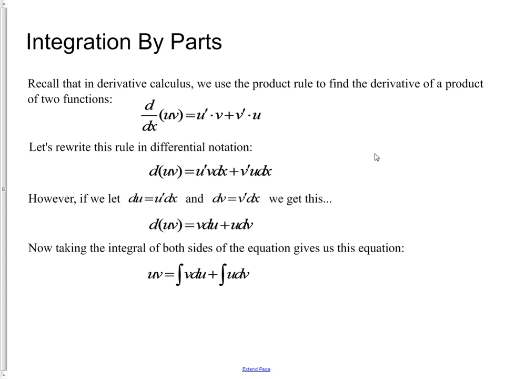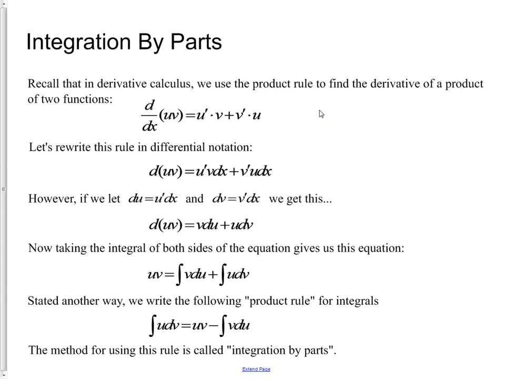Again, this seems a little awkward, but the way that we actually use this rule is that we isolate one of these integrals, and that's going to help us find the integral of u times dv, by subtracting one of the other integrals, the integral of v times du. There's a method for using this rule called integration by parts, and that's the rule we're going to learn today.